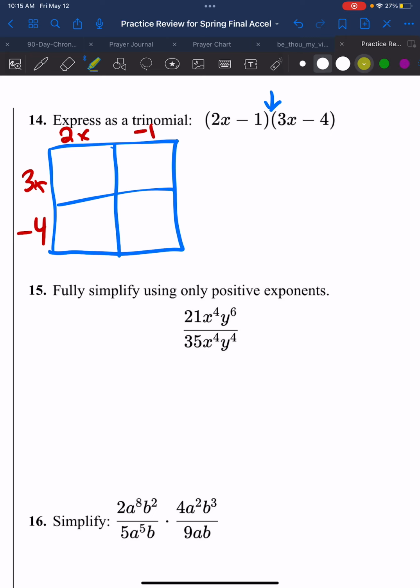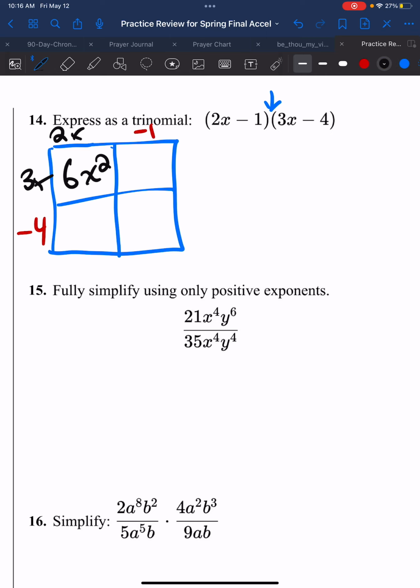So I'm going to highlight it here. 2x times 3x is going to give me 6x squared, and you're kind of just going to go along that way. Okay, so let me rewrite this just so it's not as confusing. 2x, 3x, boom.